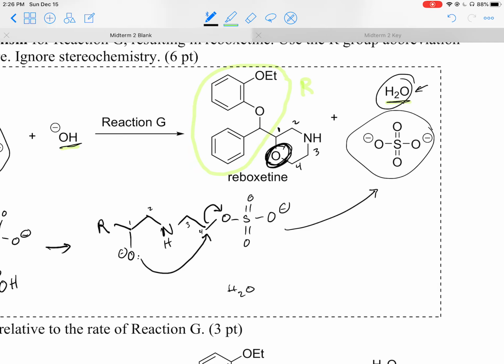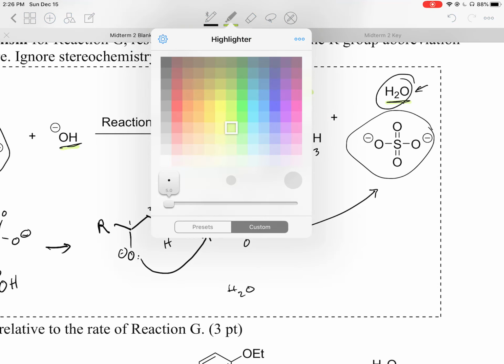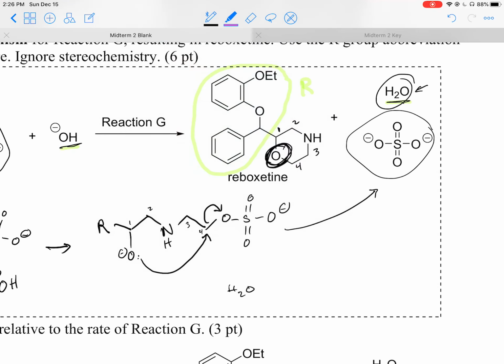a ring with, let's see, what's everything that's going to be in the ring? We're going to have oxygen, carbon 1, 2, nitrogen, carbon 3, and carbon 4 in a ring. And so that's a 6-membered ring, where number 1 is attached to R, and yeah, that looks exactly like what's going to happen right here, right?